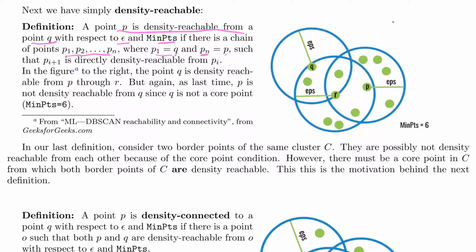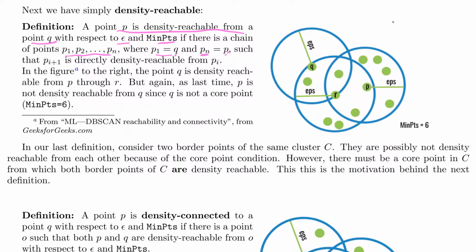Okay, so this is trying to get P from Q. So here's P from Q, and P from Q is reachable through R, because P is directly reachable to R, and R is directly reachable from Q. But Q is not directly reachable from P, and so we had to go through this intermediary.